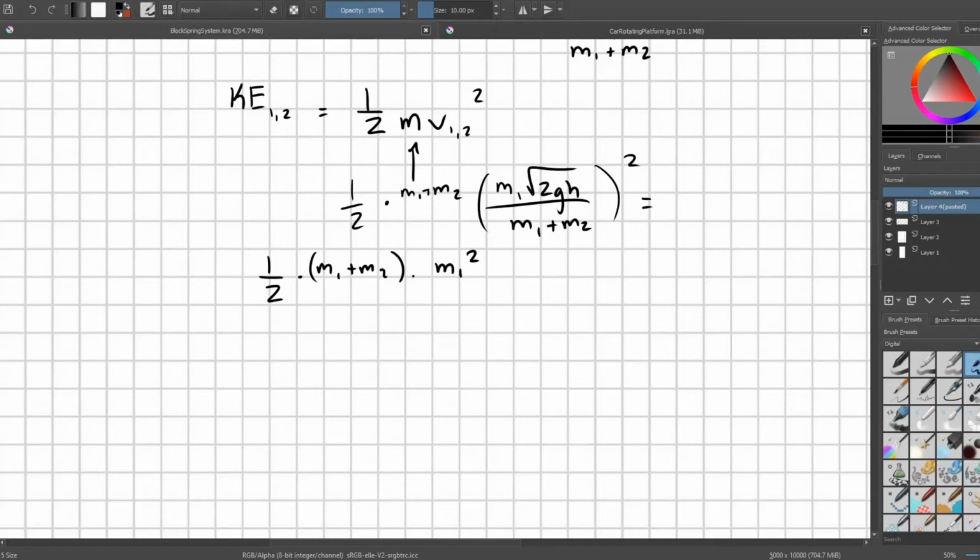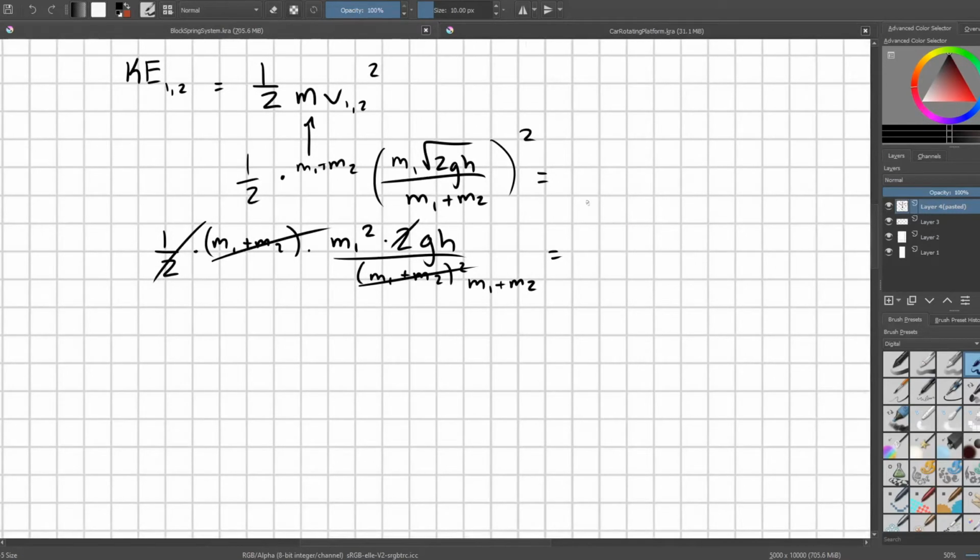This square is going to get rid of that square root, so then times 2GH over M1 plus M2 squared on the denominator. This cancels out one of those. This 2 and this 1/2 cancel. And so we get that our kinetic energy of these two blocks moving together is M1 squared GH over M1 plus M2.